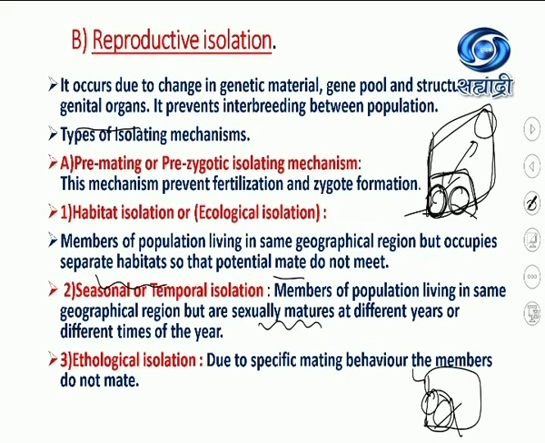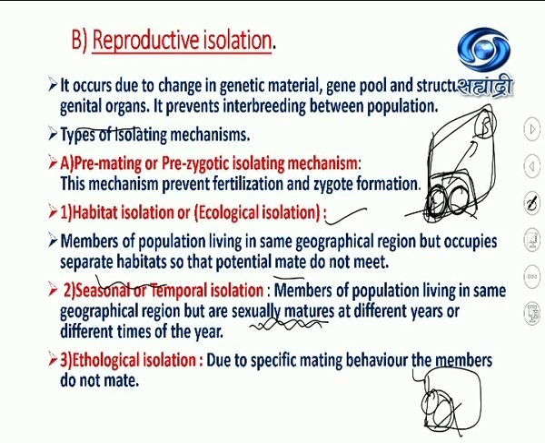So students, again I revise, we are studying reproductive isolation. In reproductive isolation, we are studying first the pre-mating or pre-zygotic isolation. In that we studied habitat isolation or ecological isolation. They are staying in different habitats, corner A and corner B, not able to meet each other, and do not interbreed. Second, we saw seasonal or temporal isolation. They are staying together, but their sexual maturing time is different.